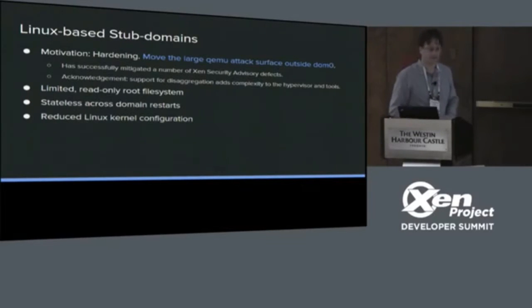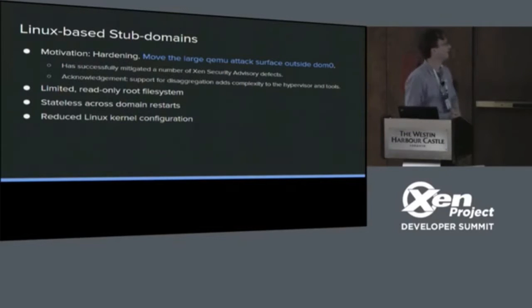Okay, the next technology we make use of: we use stub domains in order to isolate the QEMU device emulator from Dom0. The primary benefit for this is that the QEMU device emulator is a complex piece of software with a large attack surface.